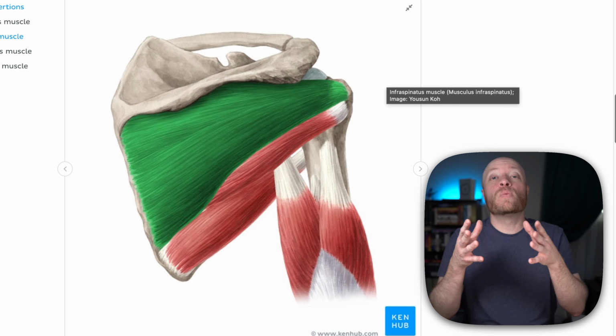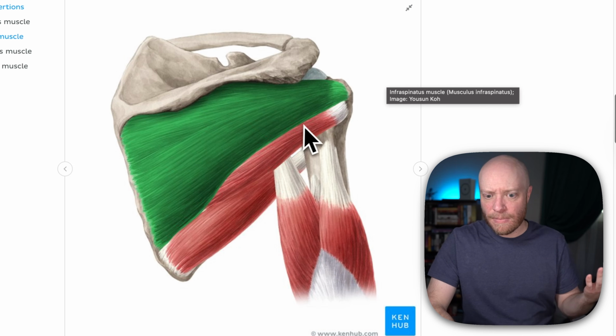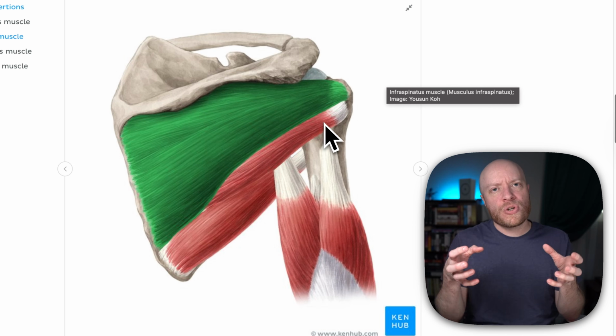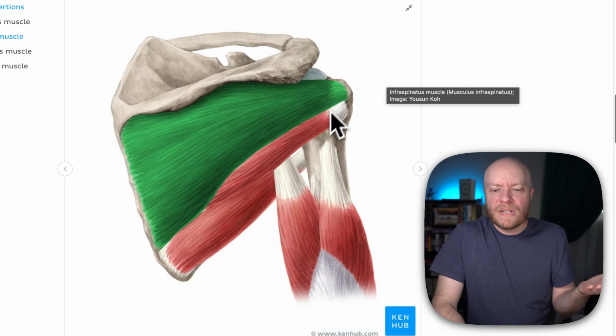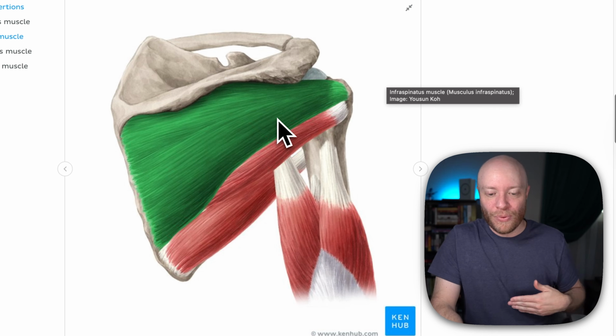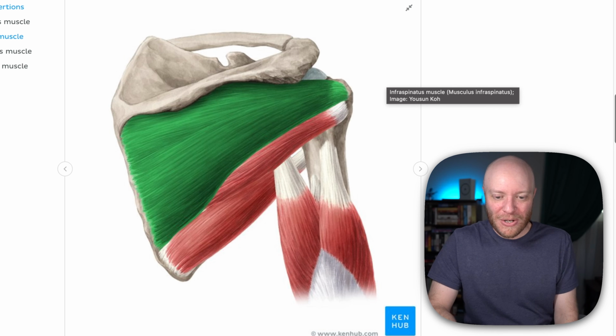They're agonists. They work together to perform a very similar action. In fact, it's going to be the same action. Now, they pull on the shoulder in slightly different ways because they have different leverage, but still it is going to be external rotation of the shoulder. So we have infraspinous fossa to the greater tubercle, and it performs external rotation.